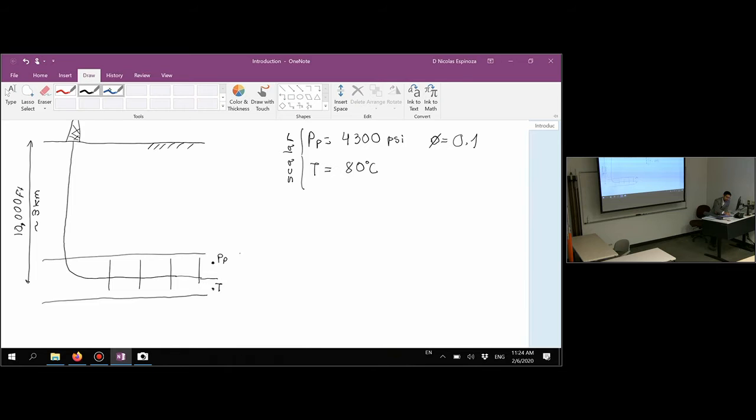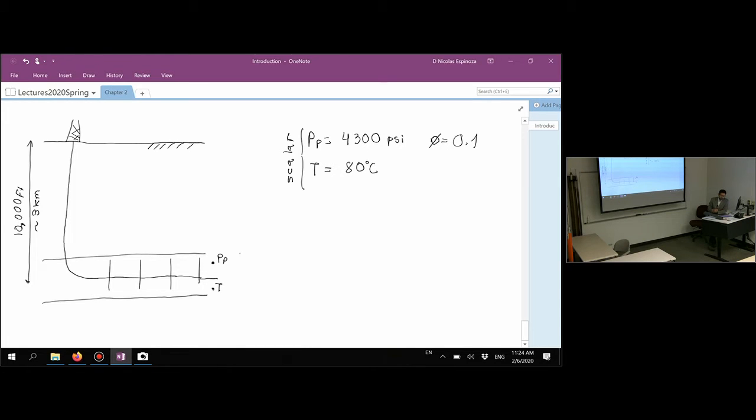Let's go with the next category. Let's say that we apply a pressure drawdown, and now we have this fluid moving in this direction towards the wellbore. The velocity of the fluid, v, is going to have some value.